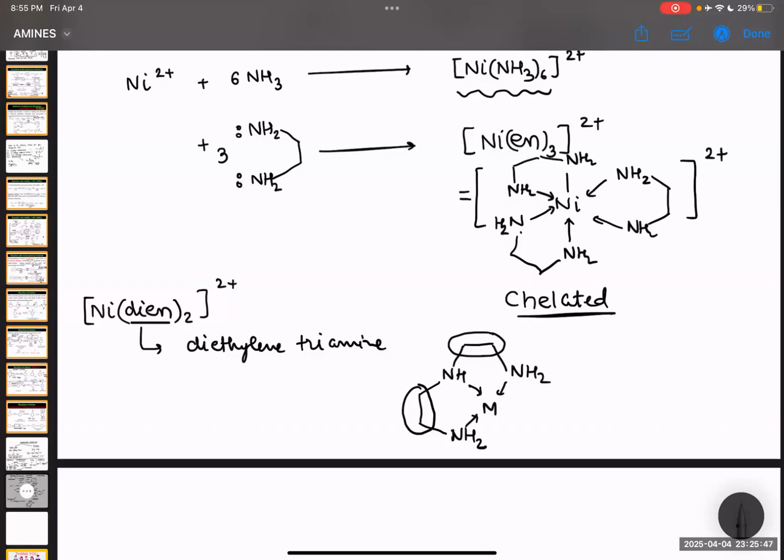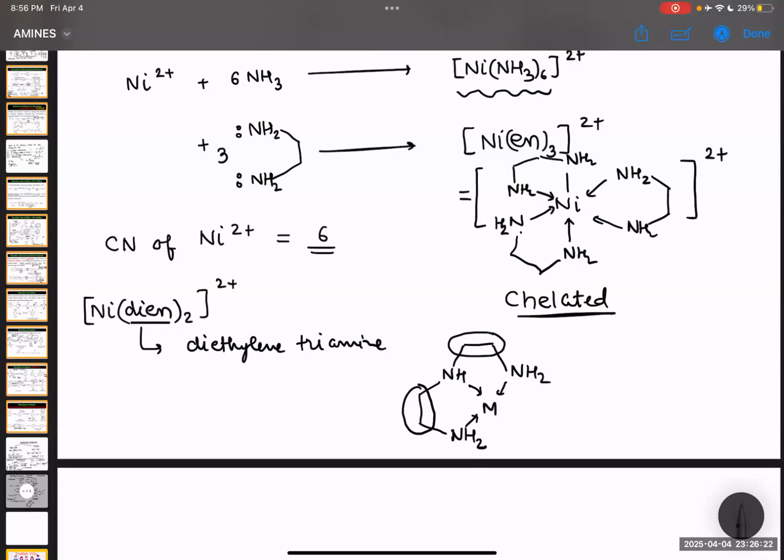So I will need just 2 of such ligands because each one is giving 3 lone pairs. The coordination number of nickel 2 plus is 6. The number of coordinate covalent bonds which nickel can form is 6, but the 6 bonds can be formed by just 2 dien ligands because each one is making 3 bonds.